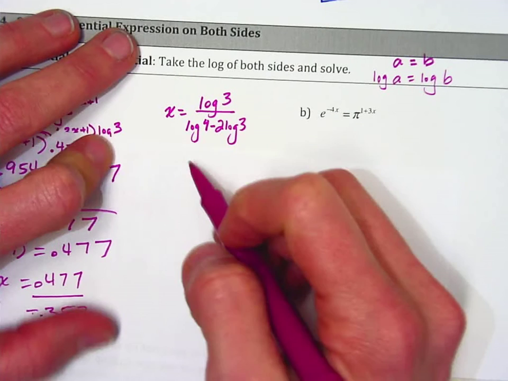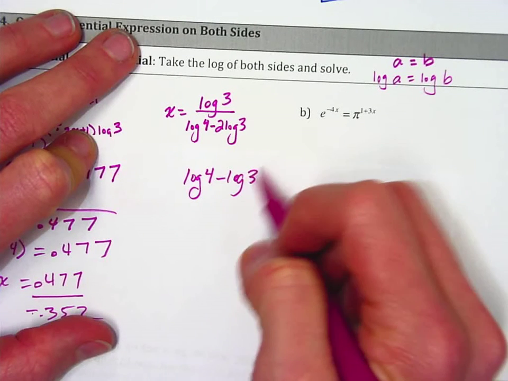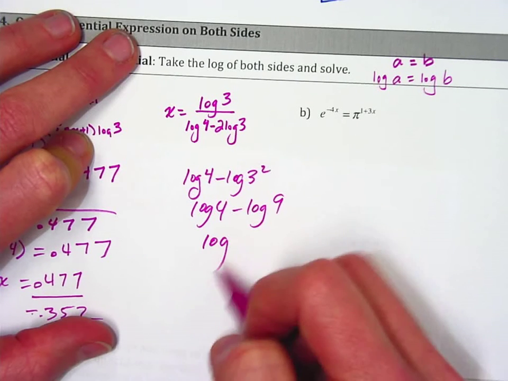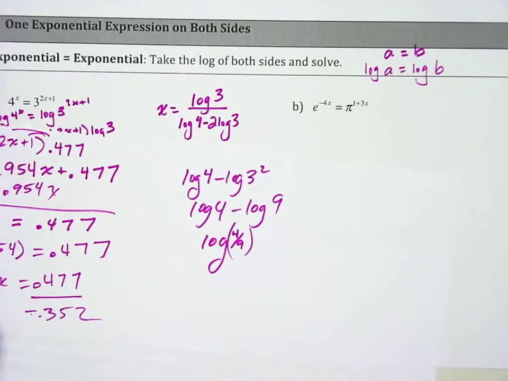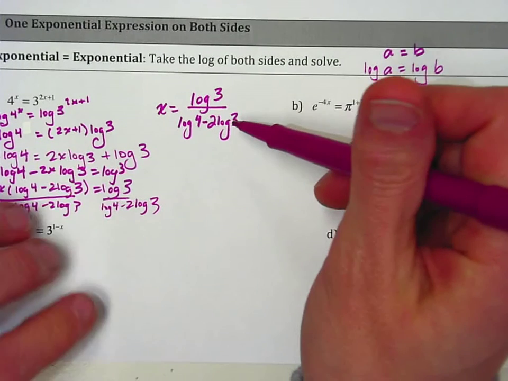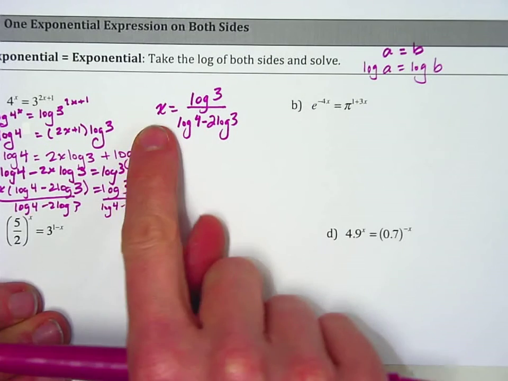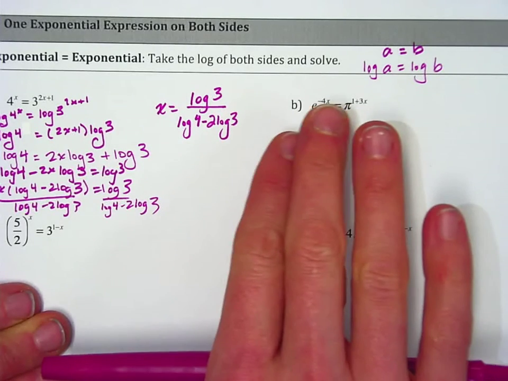If we use the power rule, we get log 4 minus log of 3 squared, which is log 4 minus log 9, which is really the log of 4/9. You're more than welcome to do that, but I would suggest just leaving this, since you'll get full credit if you can get this far. At this point, I have x by itself, and then I have log terms all on the other side. So that is plenty.